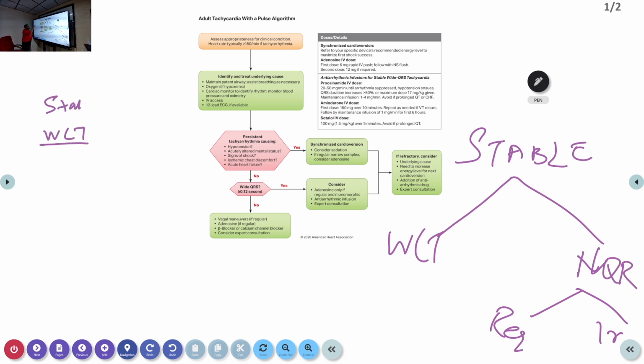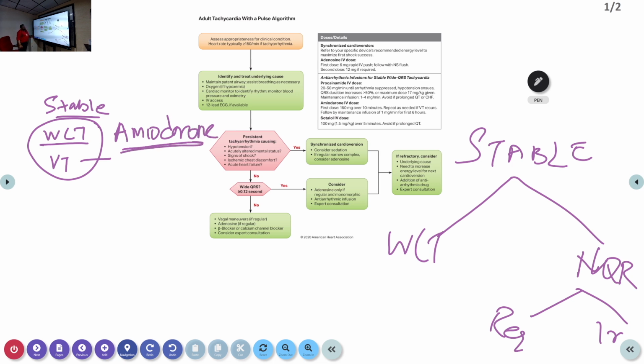Stable wide complex tachycardia. What is it? It will be ventricular tachycardia. What you have to remember is that the drug of choice here is amiodarone, 150 mg IV.